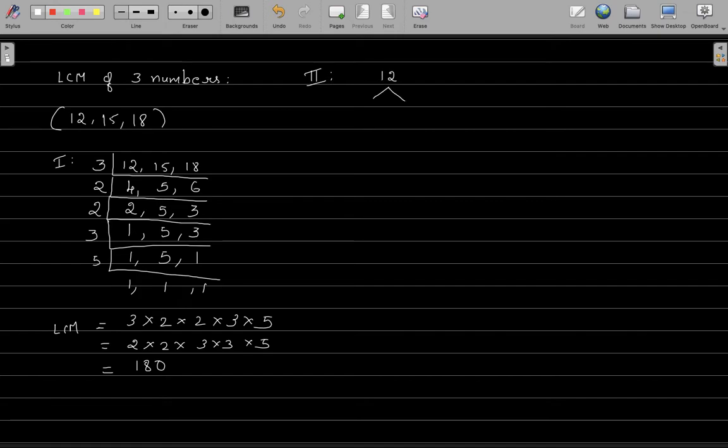So let me have the prime factors for 12. So we have 2 times 6 gives you 12 and 2 times 3 gives you 6. So the prime factors for 12 are 2, 2 and 3. So I can write 12 as 2 times 2 times 3. 15 I can write it as a product of 3 and 5.